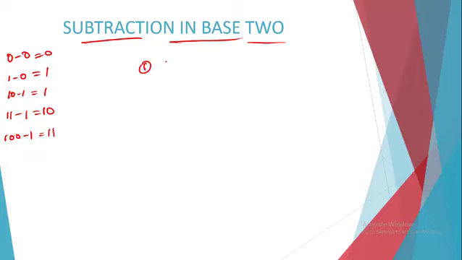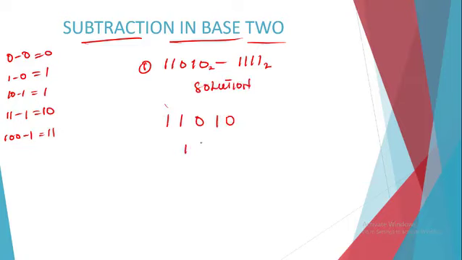Number 1, we have 11010 minus 1111, all in base 2. So let's start. Okay, 11010 minus 1111. 0 minus 1 will not work.